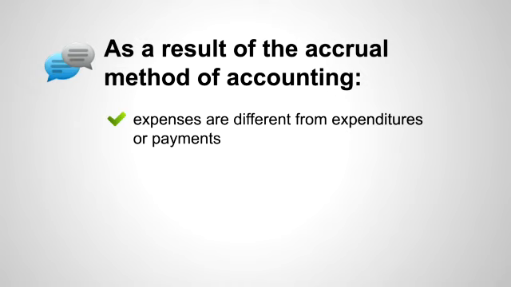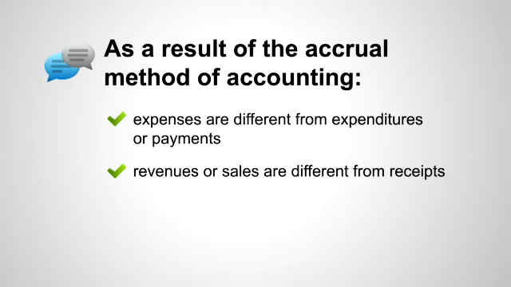So just because we have an expense doesn't mean we paid the money out. And just because we had a sale didn't mean we got the cash. If we gave people 30 days to pay, we had the sale, but we didn't have the money yet. Got to wait 30 days for that money. So the income statement on the accrual method of accounting shows what we've earned as far as revenues and what expenses we've incurred.